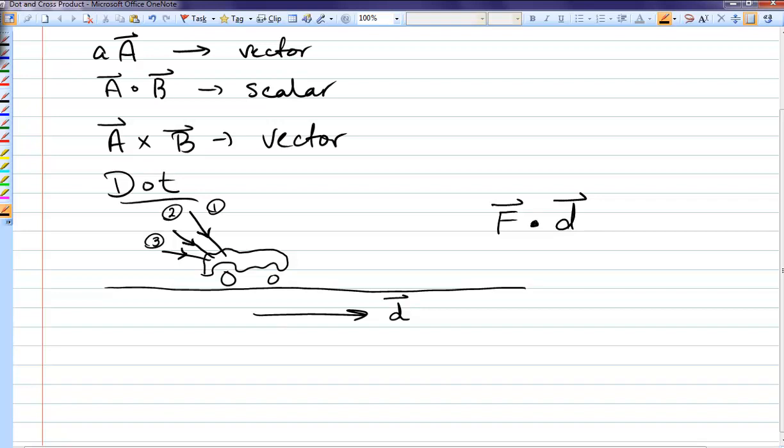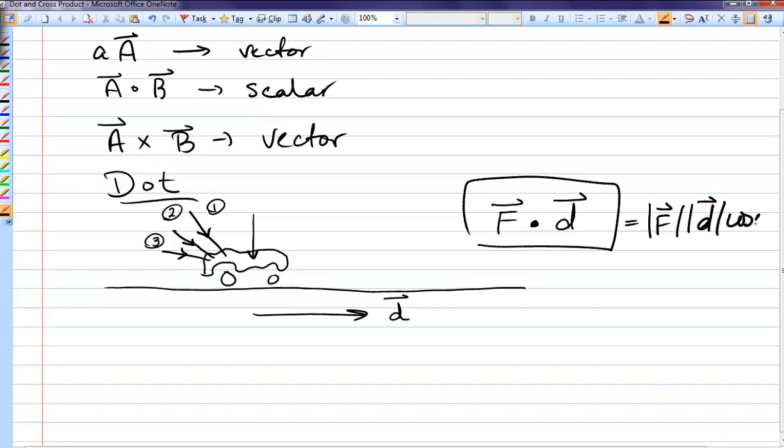So this dot product, that simple little expression there, tells them, first of all, it would be completely useless to push perpendicular to the displacement because the dot product of perpendicular vectors is 0. They would also know that if they want to maximize this quantity, they want to have the angle between the displacement and the force vector as small as possible, because mathematically this is equal to the force times the displacement times the cosine of the angle.